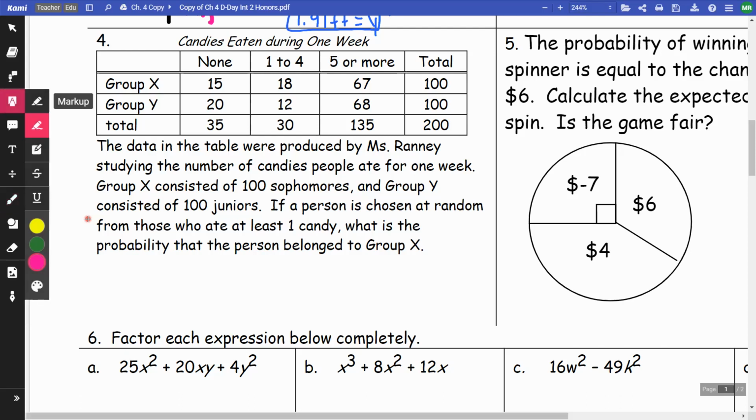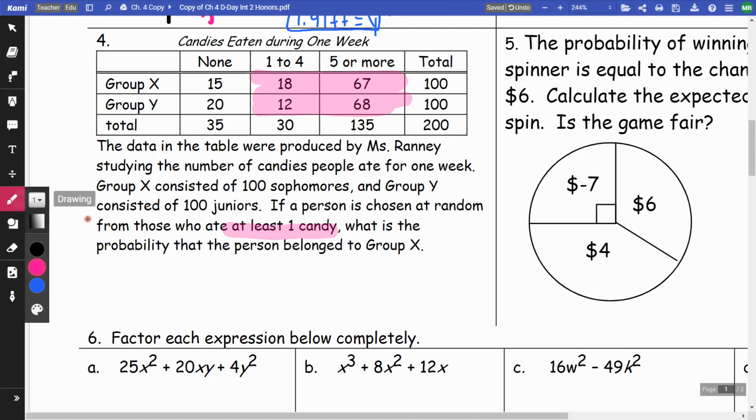So if I am looking at people who ate at least one candy, that would be all of these people here. Now, the total for that would be 30 and 135, which is going to give me 165 as my new sample space, my new total.